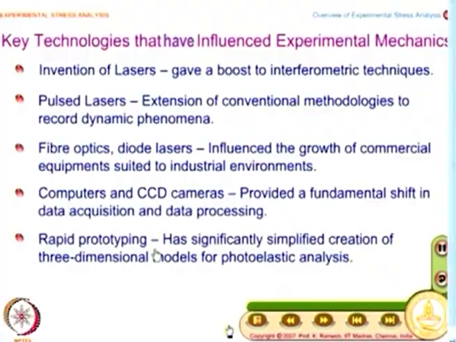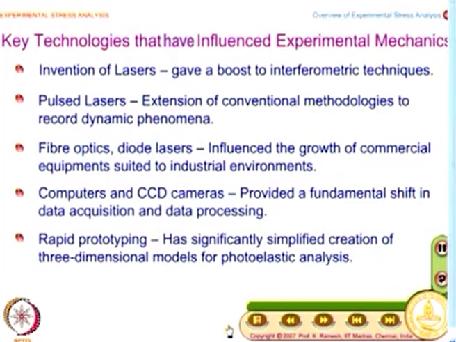With the development of rapid prototyping, you find a process called stereolithography provides models that are photoelastically sensitive. So, rapid prototyping has significantly simplified creation of 3-dimensional models for photoelastic analysis.